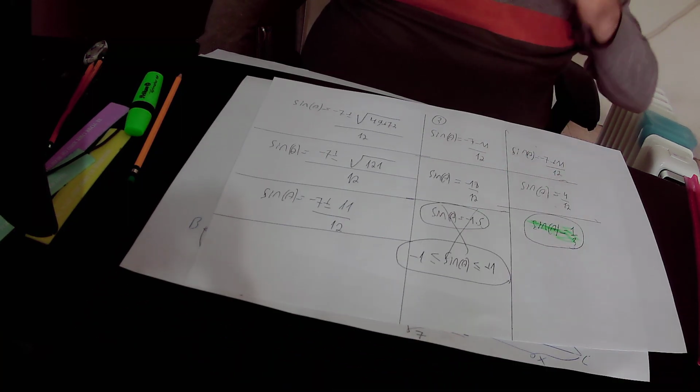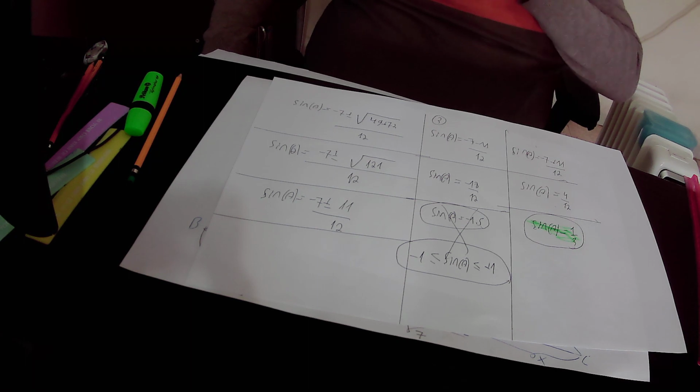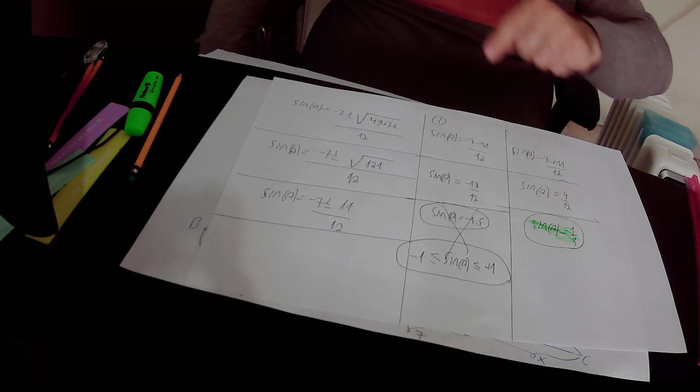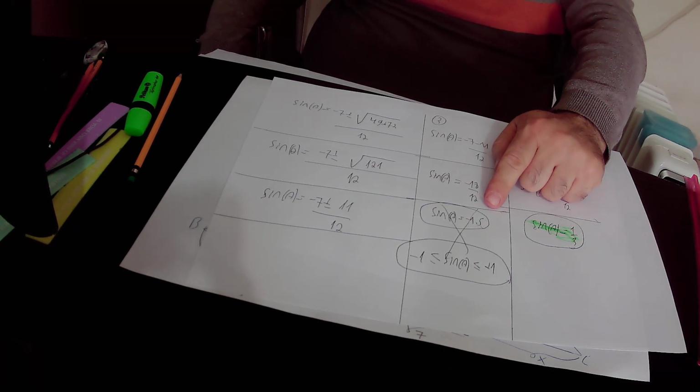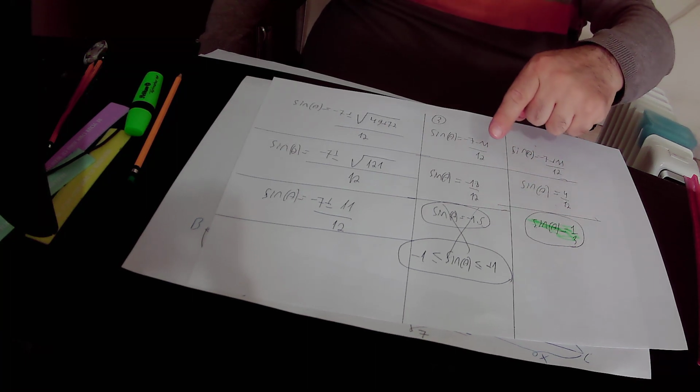But because the function sinus receives values between minus 1 and plus 1, and minus 1.5 is less than minus 1, sinus theta can never receive the value of minus 1.5. Therefore this solution is incorrect.